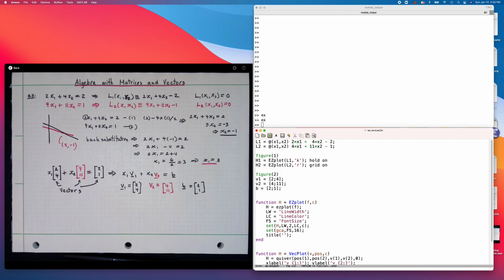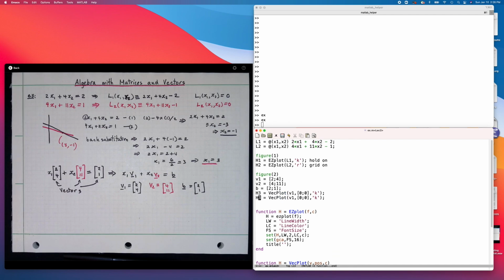Alright, and now I can make my plots. H3 is equal to vec plot v1, and I'm going to plot it at 0, 0. And the first vector, I'll plot it in black.